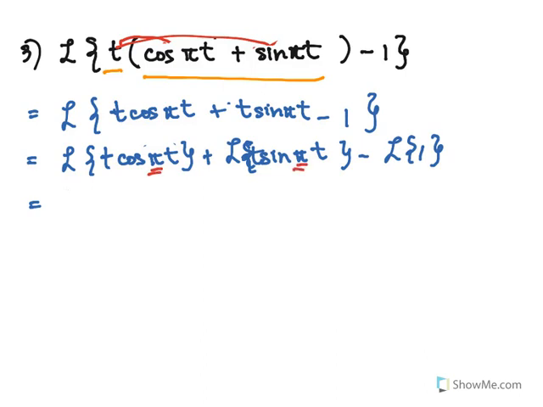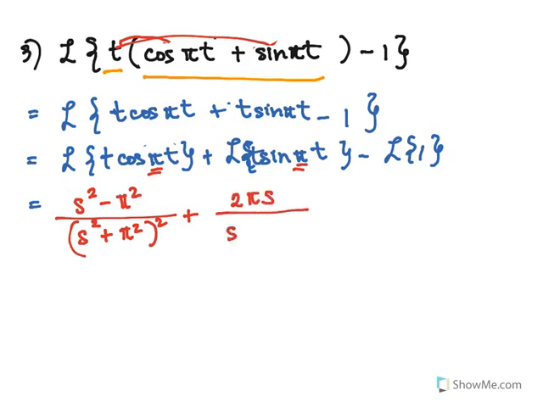So you have s squared minus pi squared over s squared plus pi squared squared. And then for t sine kt, that will be 2ks over s squared plus k squared squared. So that will be 2 pi s all over s squared plus pi squared squared.